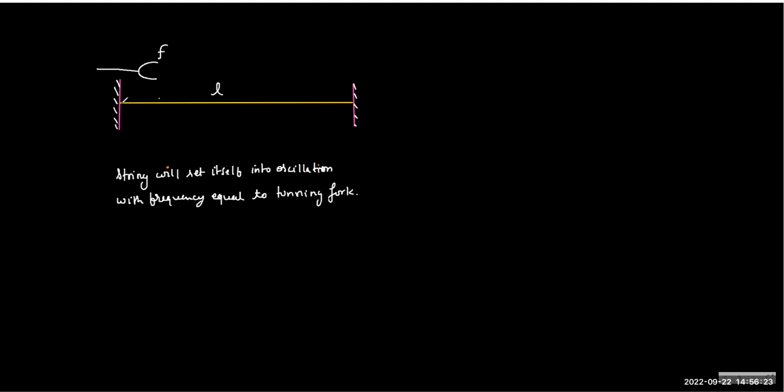When you set one end into oscillation, the wall will reflect back the energy. In one direction, it is the tuning fork which is supplying the energy. And of course, the tuning fork is oscillated by some agent, maybe a motor-driven tuning fork, where electrical energy gives the mechanical motion. Or it may be a manually driven tuning fork, in which the person driving it gives the required energy.